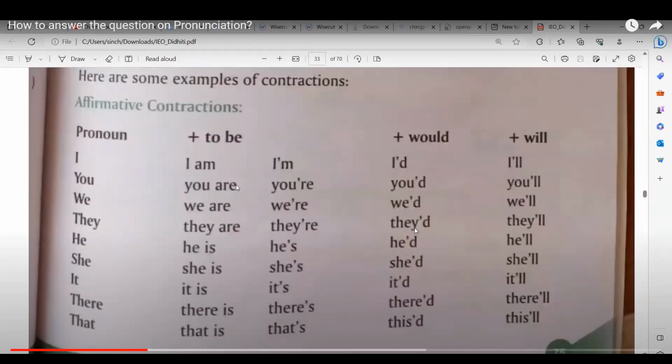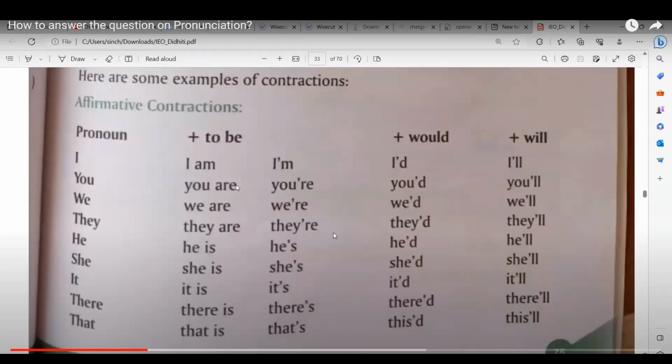Then would is they'd and will is they'll. Very good. Instead of will, we are writing just they, then apostrophe, then double L. Instead of would, we are writing they, apostrophe, then D. Here, instead of A, we are writing they, apostrophe, then RE. Is it clear to everyone, Shruti, Devanshu, and Tuhin?